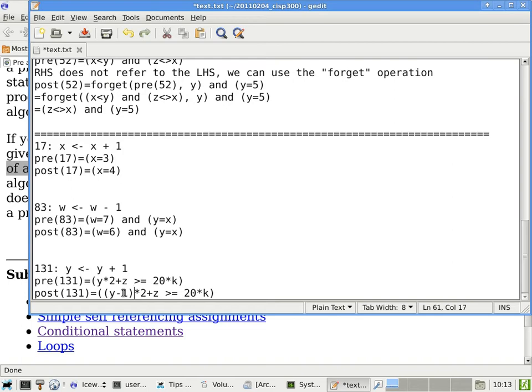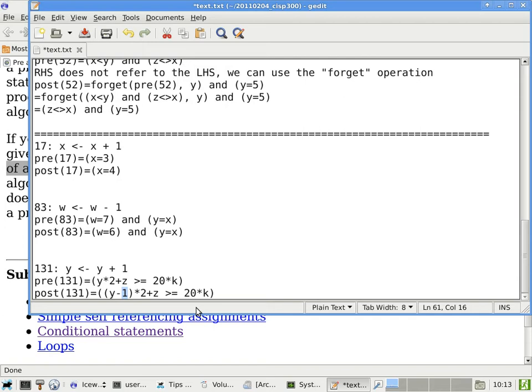Okay? But the important part is, do we understand why I use a -1 here instead of a +1? It's because I want to undo what line 131 did to y so that I can go back to the old value of y, then I can maintain the rest of the expression. Is that okay? Kind of?